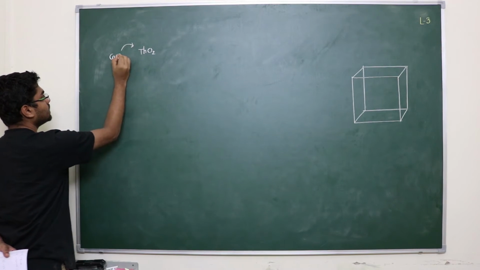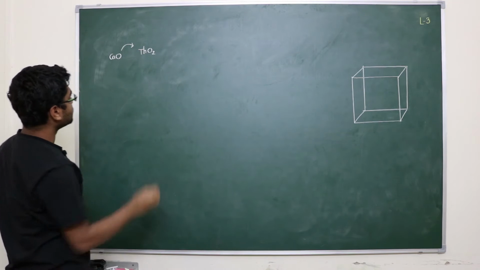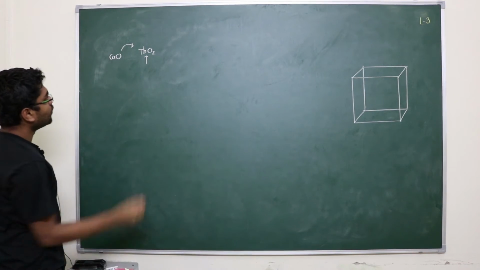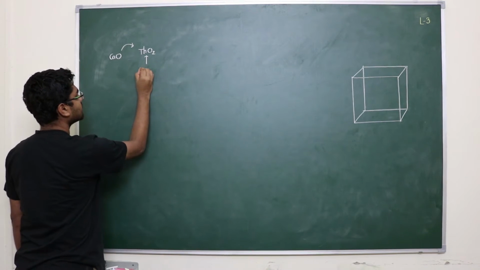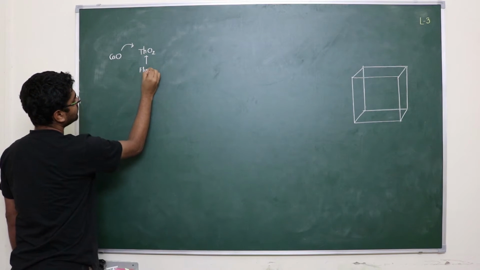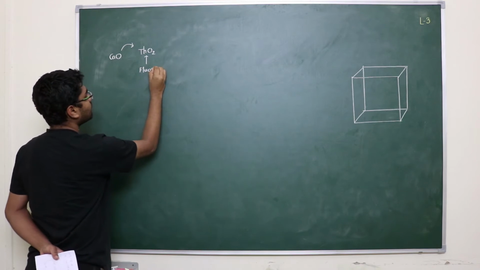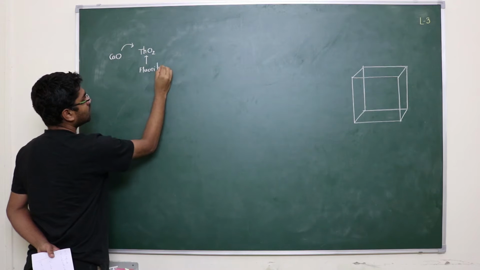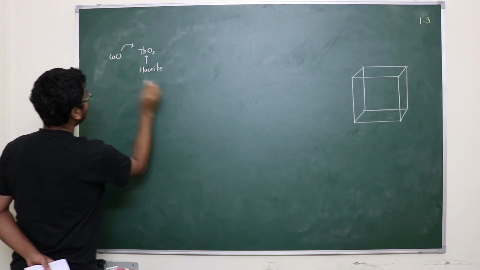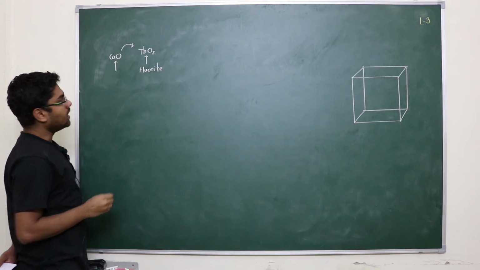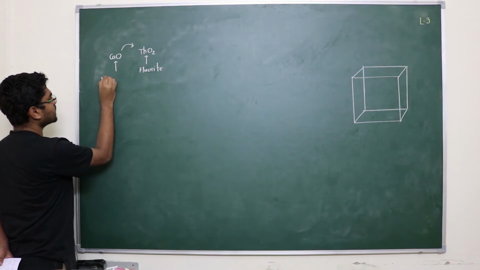calcium oxide. First I would like to say this has the fluoride type crystal structure, and this, as I already said in the last class, NaCl type crystal structure.